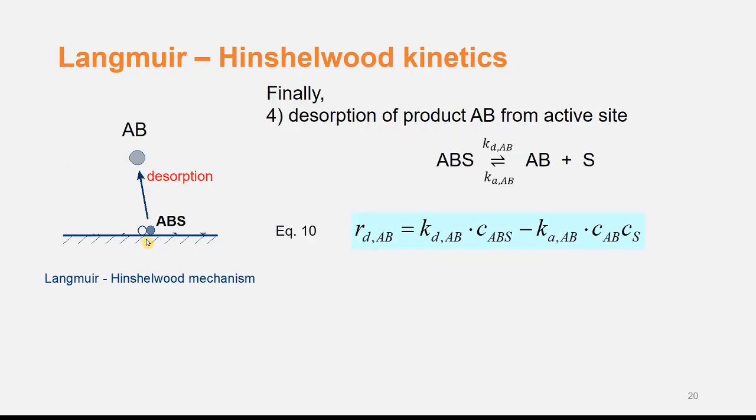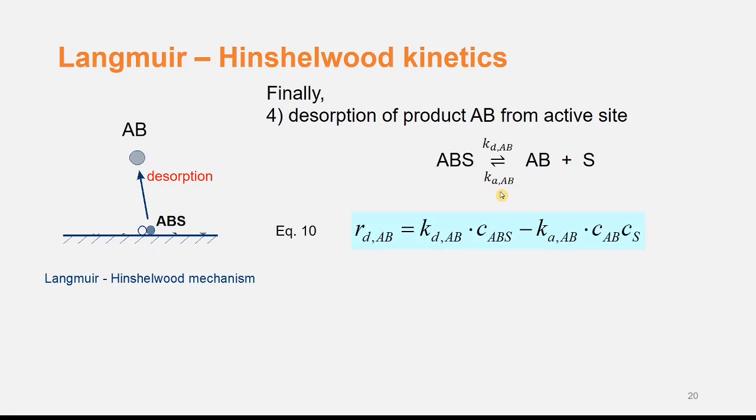The final step is desorption, where the adsorbed ABS dissociates and the product AB is released along with an active site. Note that the forward step is desorption with a rate constant KdAB, and the reverse step is adsorption with a rate constant KaAB.